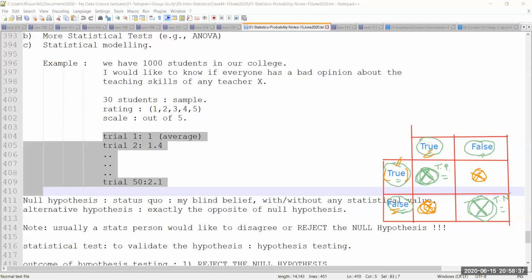This case is known as false positive, where the actual outcome is false, the reality is false, but what has come out of the experiment is positive. Then there is the false negative. It is actually true, but I have given it a negative value. That is why it is a false negative, right? So this is false positive, this is false negative, this one was true positive, this one was true negative.